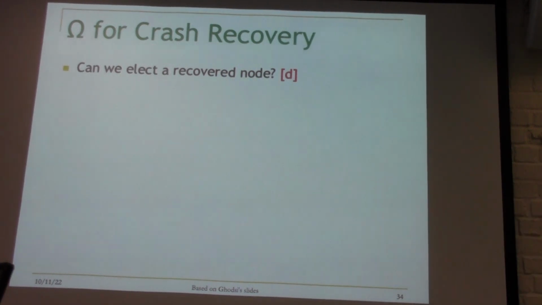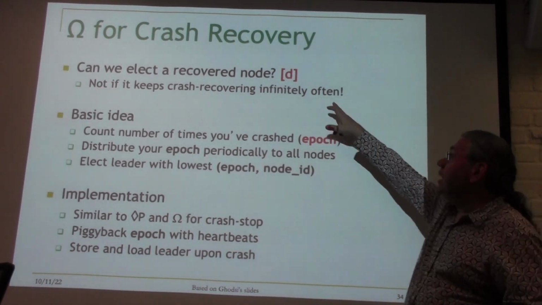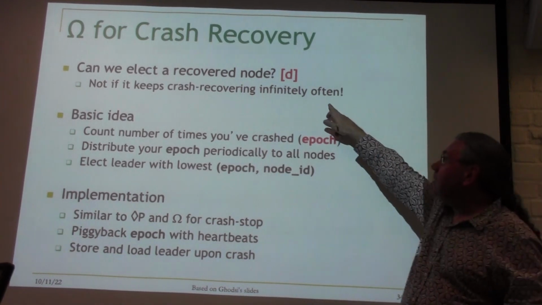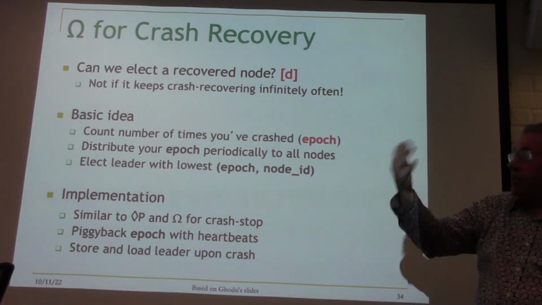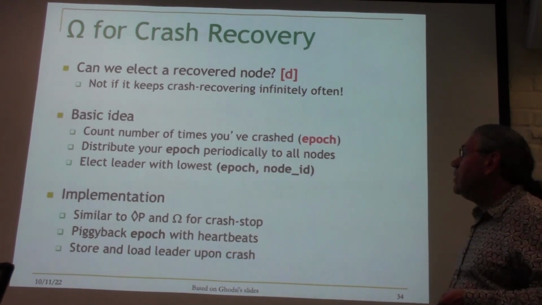If it is crashing all the time and then recovering, but crashing just after, it's not stable, okay? Then there's still something wrong, and so we don't like that. We cannot elect a recovered node if it's unstable. It's always crashing and recovering.